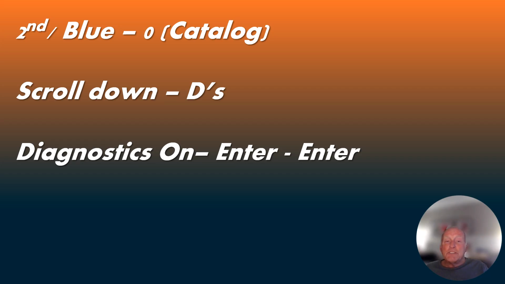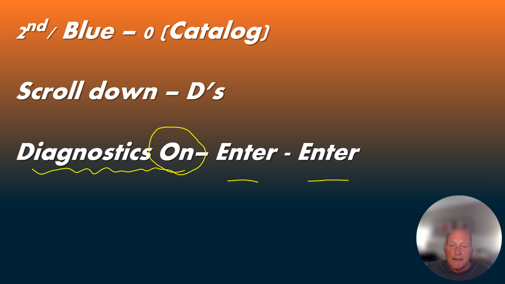Well, we want to get down to the D's, so scroll down. There is a shortcut, but it wasn't working on my calculator this afternoon, so I'm not even going to recommend you use it right now. But if you keep scrolling down, you're going to get through a lot of C's and finally get to the D's. When you get to the D's, we want to get to the word diagnostics, and we want to make sure that it's on. So when you get down to diagnostics on, hit enter, and then hit enter again, and it'll say done. And you're ready to go.